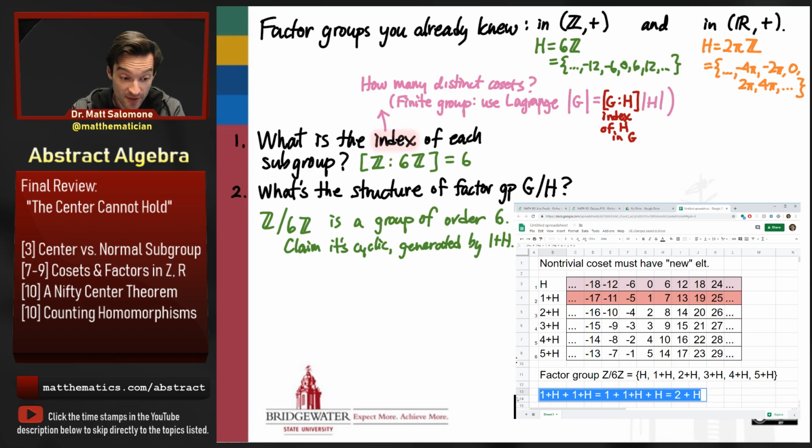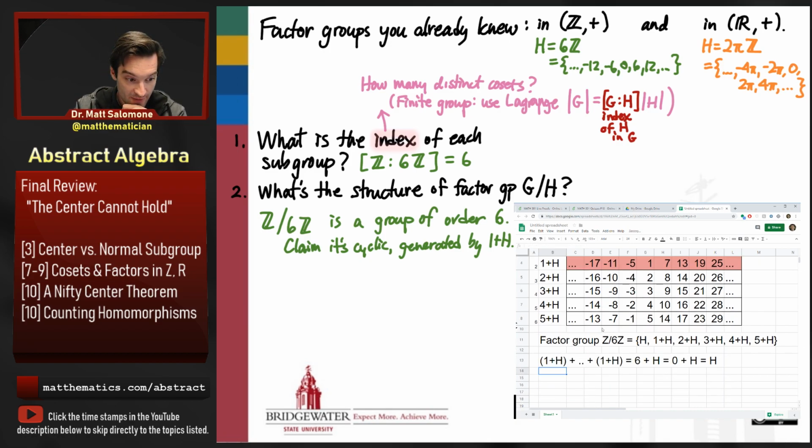And when I do it the 6th time, 1 plus H added to itself 6 times, all those 1's are going to get added together, and then I'm going to get a plus H at the end. Right? But once I've added all these 1's together, as an integer, I get 6. But 6 is already an element of my original subgroup H. And so 6 plus H, again by closure, is equal to the same thing as 0 plus H, because 6 and 0 differ by an element of H, by a multiple of 6.